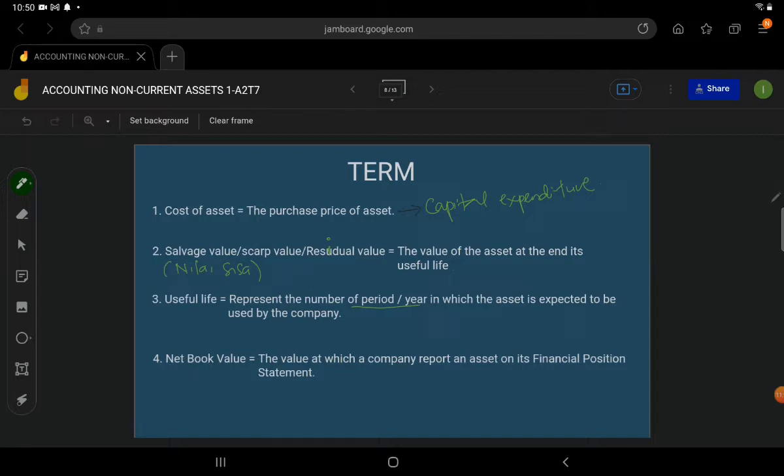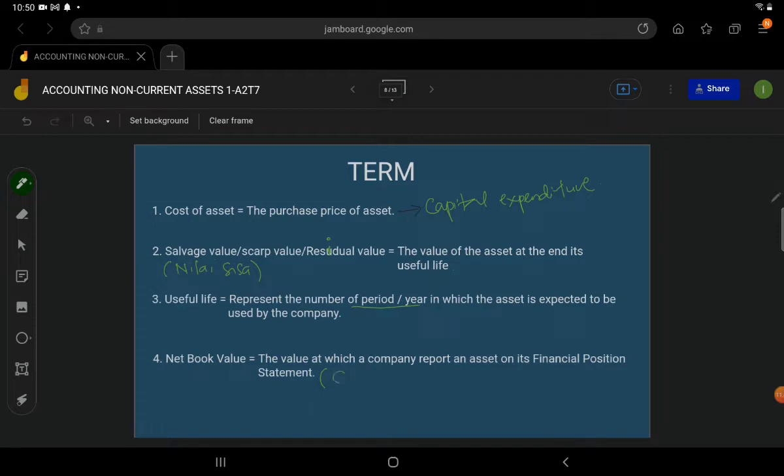And the last one is net book value. Net book value, the value at which a company report an asset on its financial position. Okay, yang mana nilai yang akan dilaporkan sesebuah company itu dalam financial position statement. So macam mana tadi kita dah tengokkan hari tu, macam mana nak report fixed asset under financial position.